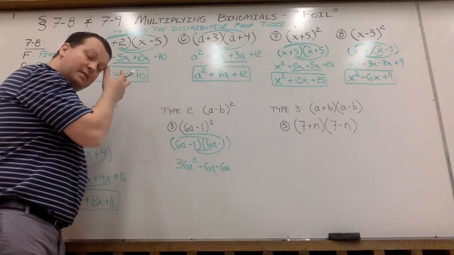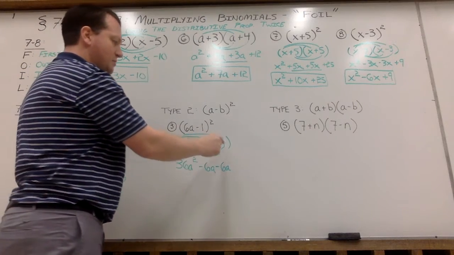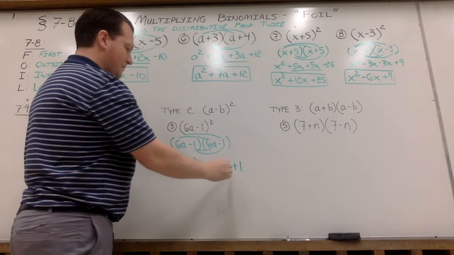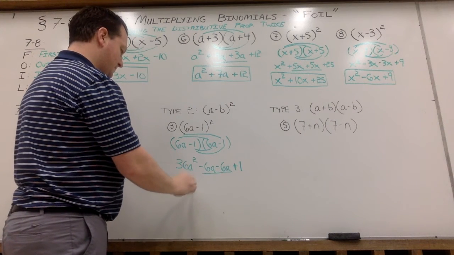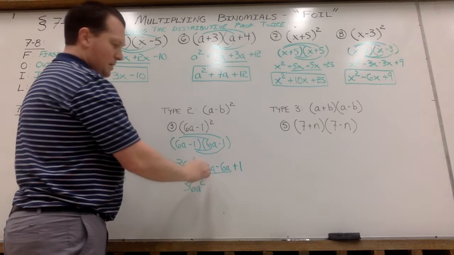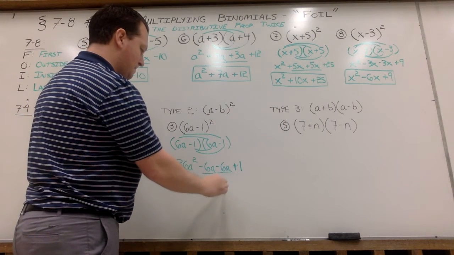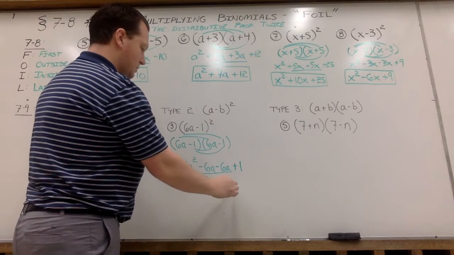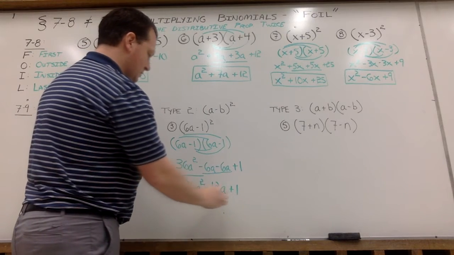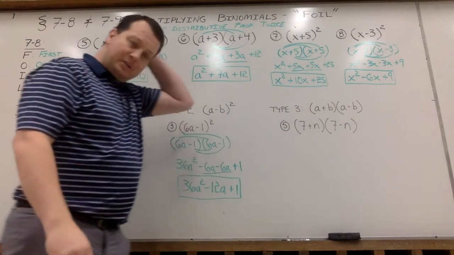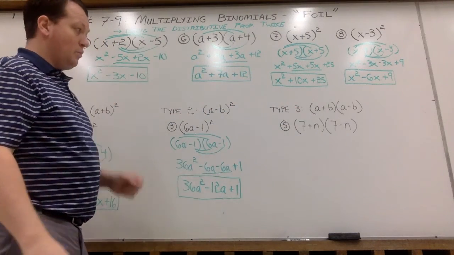And then be careful on these, as we said, negative times negative is a positive 1. Negative 6a minus 6a is negative 12a, and then plus 1.